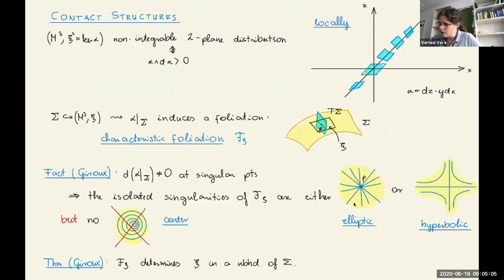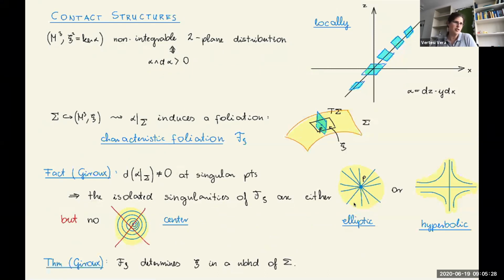So just to fix the notation, I'm telling you very quickly what I think of as a contact structure. That's a plane field in a three-manifold which is non-integrable, where the non-integrability condition can be described by alpha wedge d alpha being a volume form on the three-manifold.